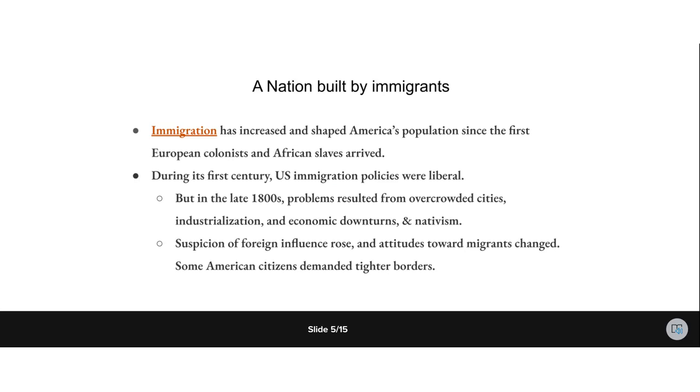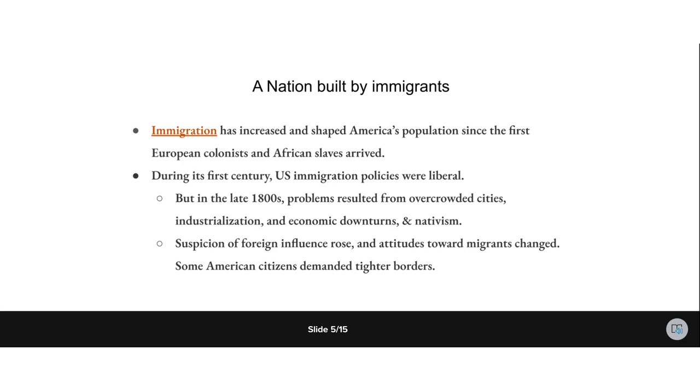But in the late 1800s, problems started to arise from cities becoming overcrowded due to urbanization and industrialization, as well as people having economic downturns. Right, as we said, a lot of these farms that people started during the westward expansion with the Dawes Act and the Homestead Act fail, and people have to go back to the cities to work at jobs in order to provide for their families.